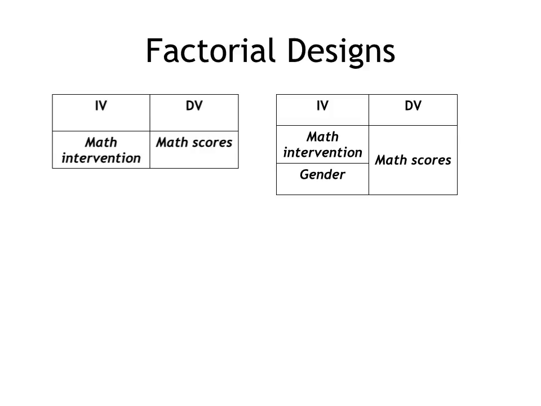This is called a factorial design because it's got more than one independent variable in it. You always have to have one that you're manipulating, but the other may be simply there. It may be an organismic one, such as gender, where we're not changing anything there. We're just recording it and looking at the data because of it.